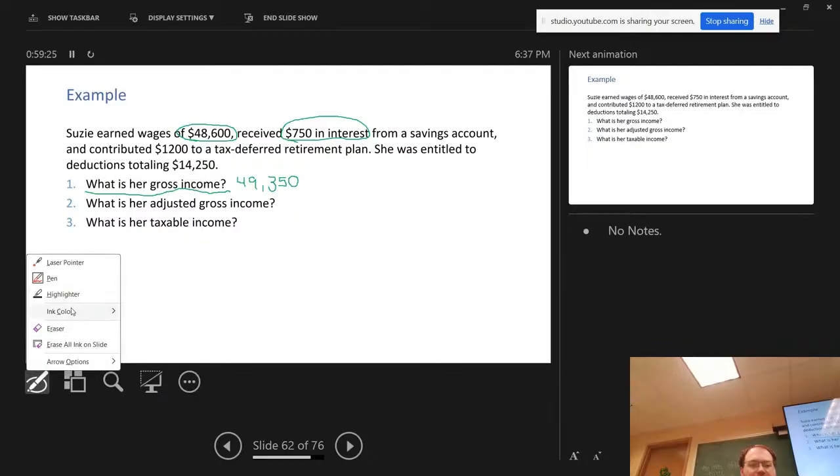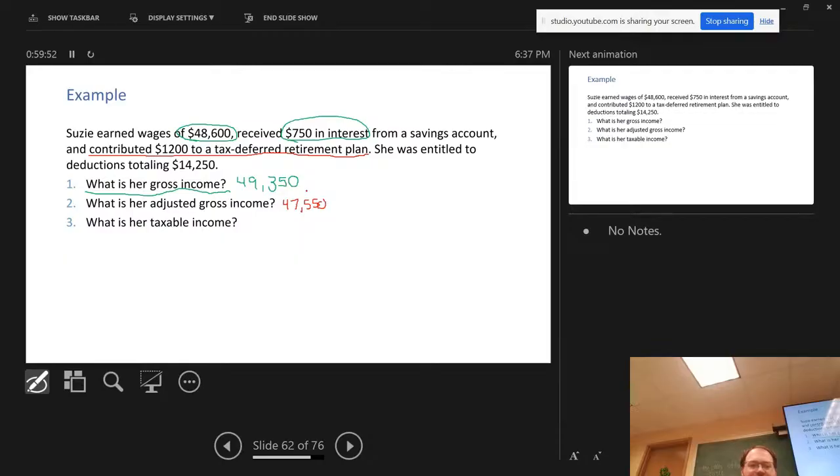Then from there, her adjusted gross income in this situation, she contributed $1,200 to a tax deferred retirement plan. 47,550. Yep, by subtracting that from that, right?